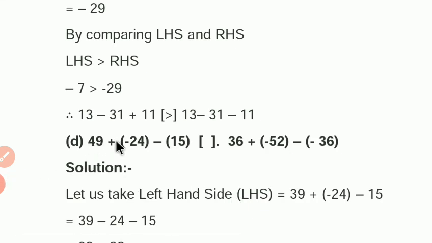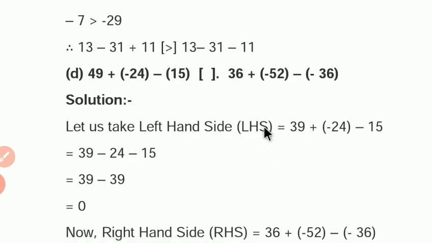Question number 4. 39 plus minus 24 minus 15 and 36 plus minus 52 minus minus 36. So let us start from LHS.